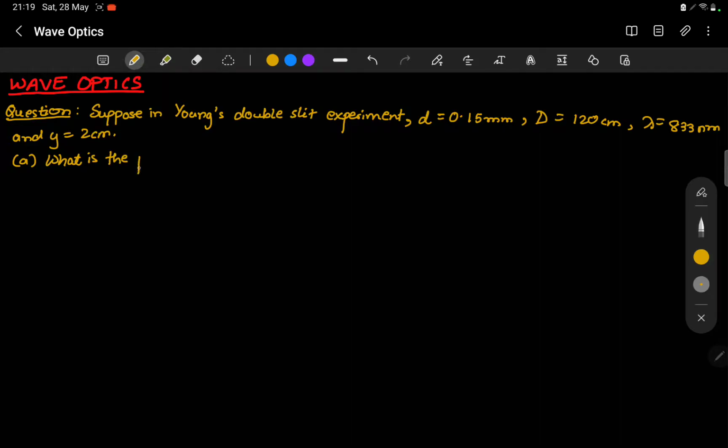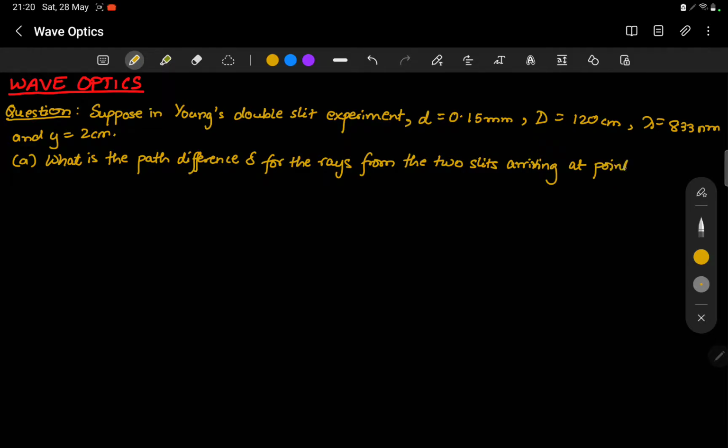What is the path difference delta for the rays from the two slits arriving at point P?